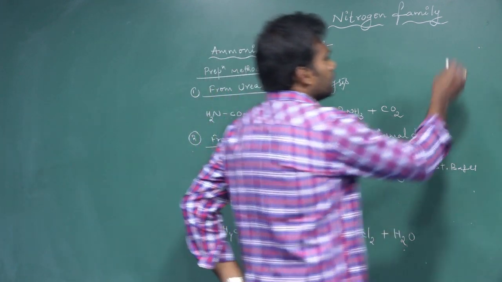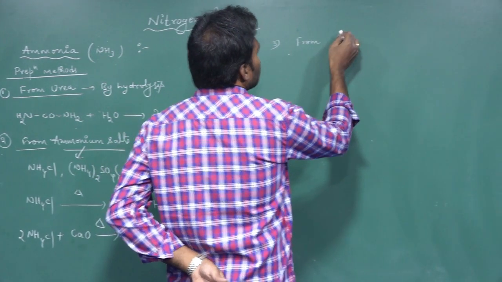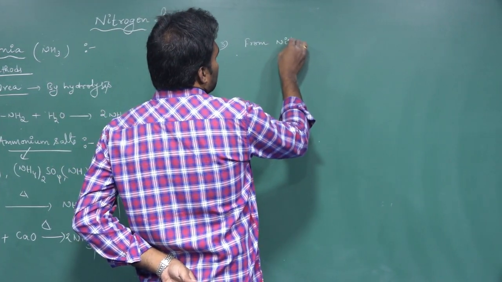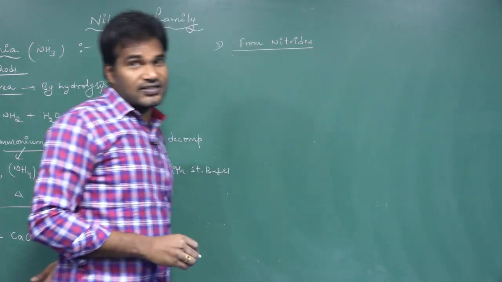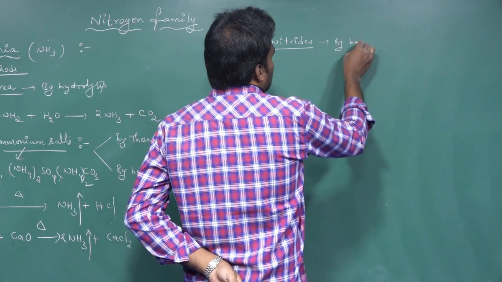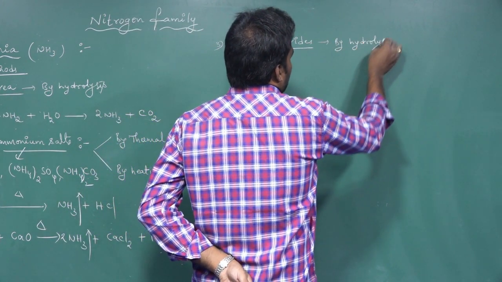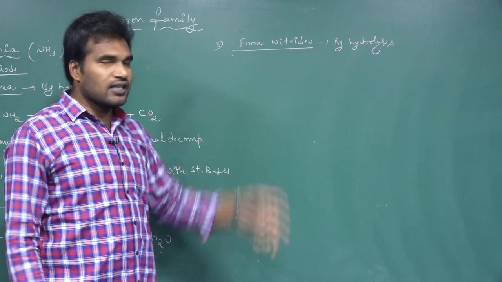The third one, from nitrides. From nitrides, how? By hydrolysis. Nitrides on hydrolysis, we will get ammonia.